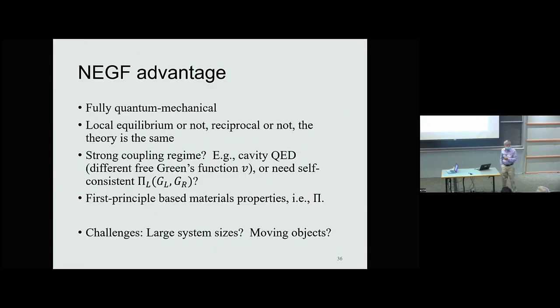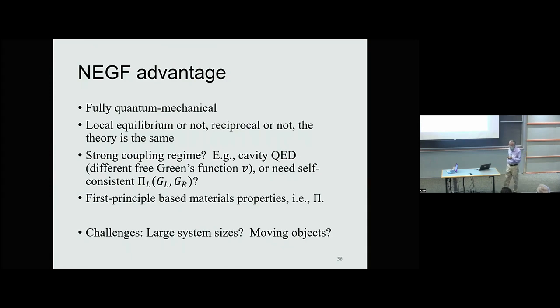Okay, here I want to summarize a little bit. The theory is fully quantum mechanical. Whether the system is in equilibrium or not, whether the system is reciprocal or not, it's exactly the same theory. So I'm thinking maybe it will have some advantage when they are in strong coupling.